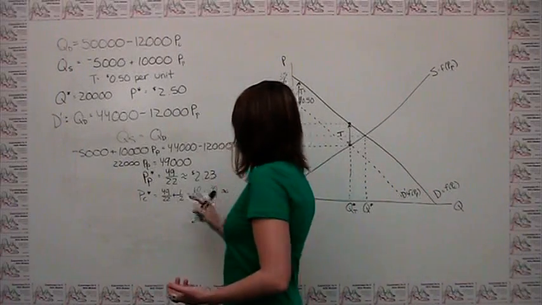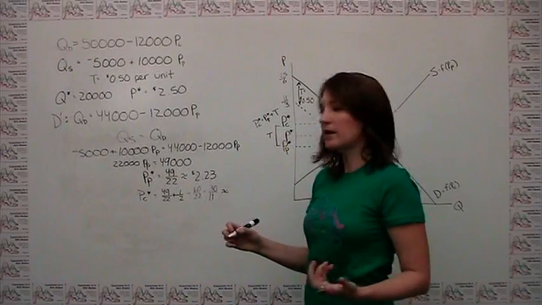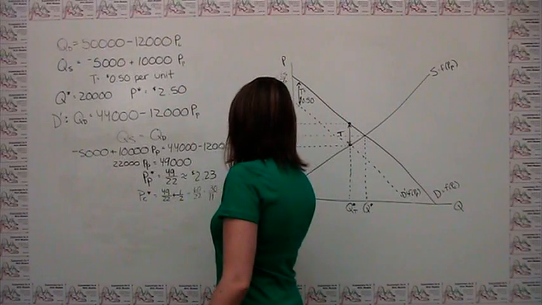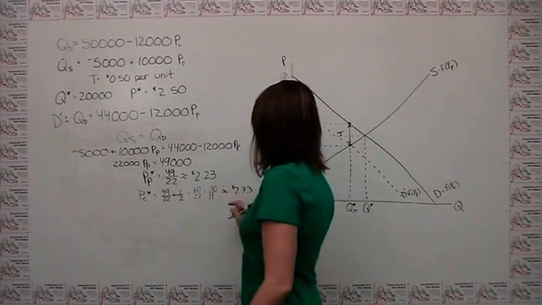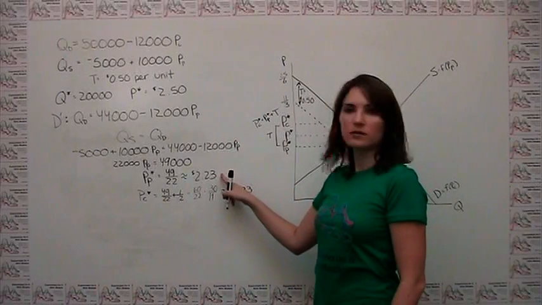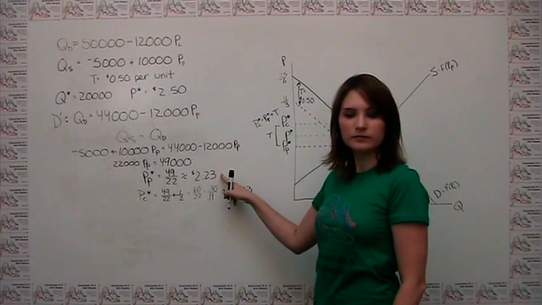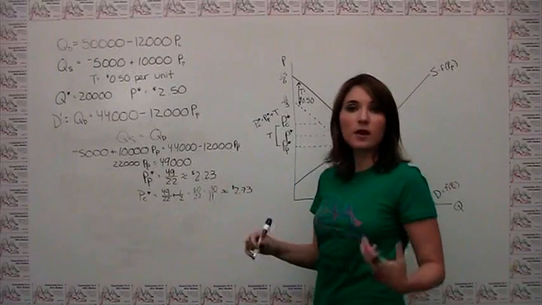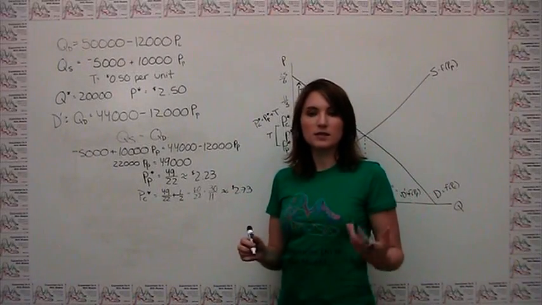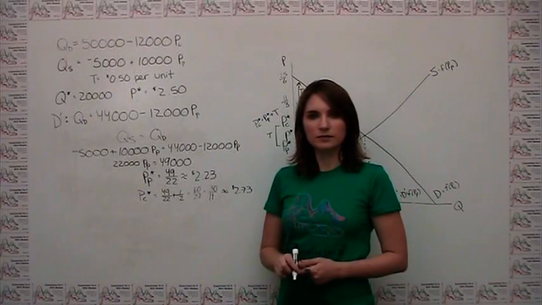And approximately speaking, this does in fact come out to $2.73, which is just 50 cents more than this price here. Okay, so far so good. So far we're getting the exact same result as we got when we put the tax on the producer.